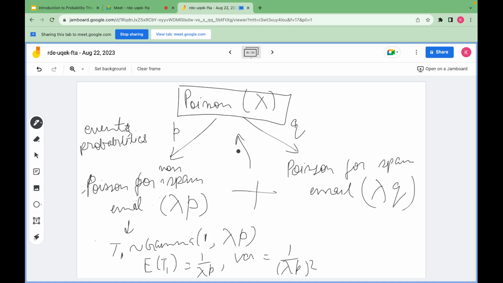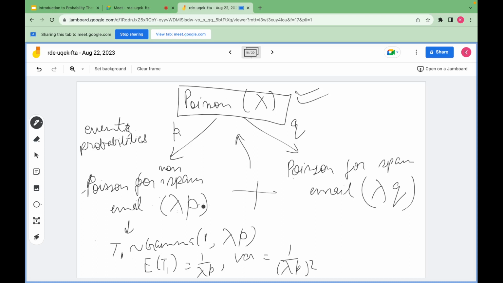So it is a quite interesting question where from just one statement we figure out that this is a Poisson distribution, and that we can split the Poisson distribution into two with the event probabilities, and these two distributions are also Poisson with different parameters.